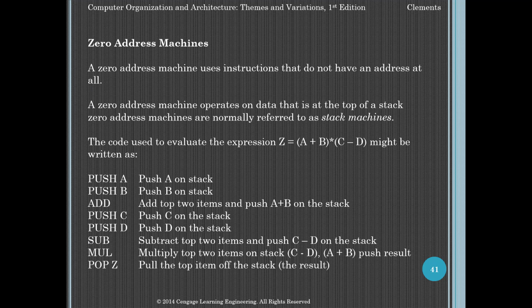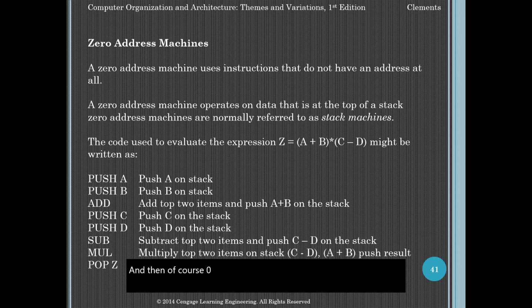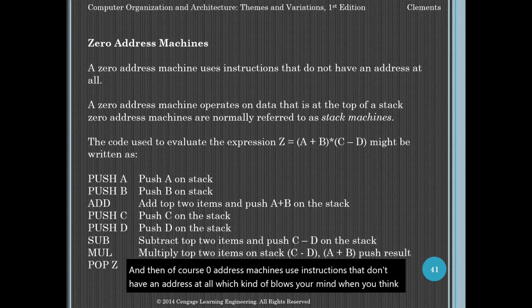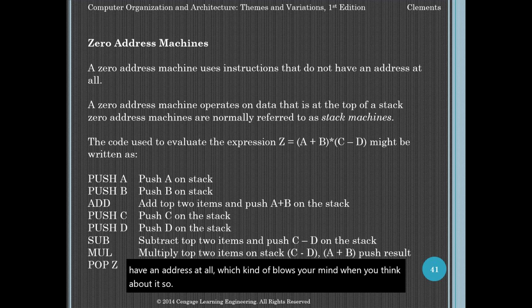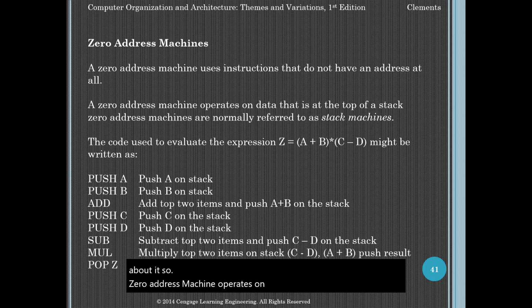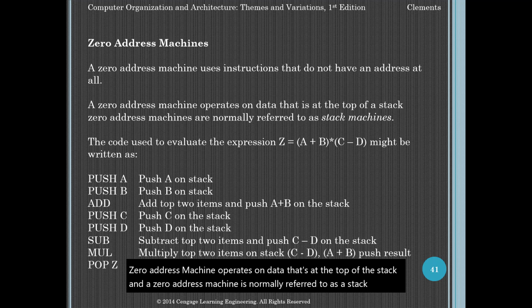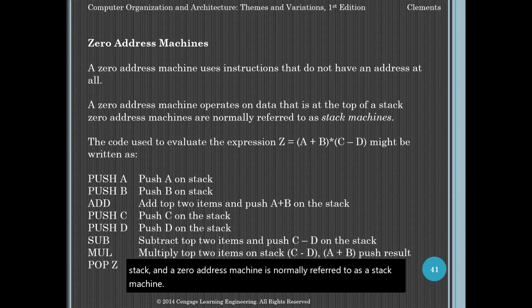And then, of course, 0 address machines use instructions that don't have an address at all, which kind of blows your mind when you think about it. So a 0 address machine operates on data that's at the top of the stack, and a 0 address machine is normally referred to as a stack machine. So pure 0 address machines are not practical.